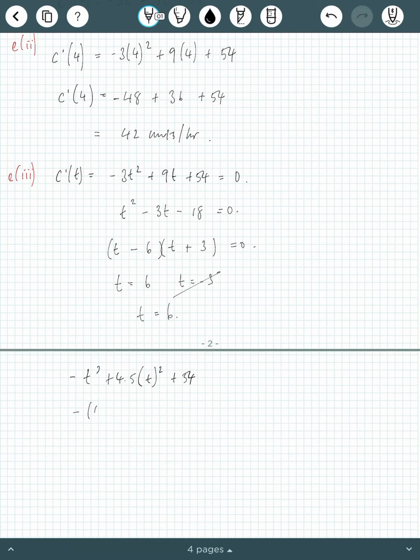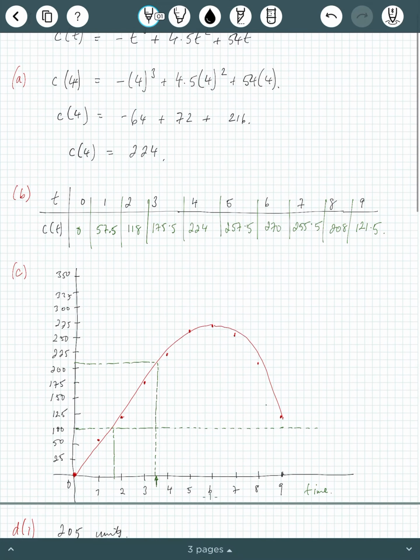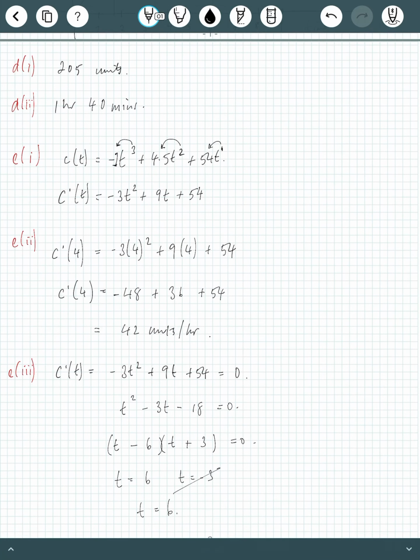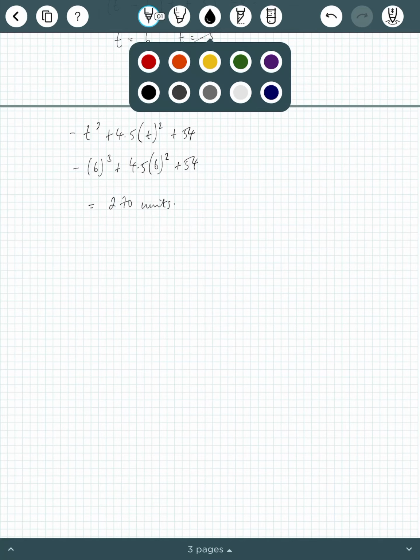So substitute in 6. Now, as I was writing that out, it just dawned on me that we have 6 already done up here. So if 6 is already done up there, we can already know the answer, which is 270 units. You can see here that this is equal to 270 units. That's the max amount of drug that will be in the bloodstream over those 9 hours.